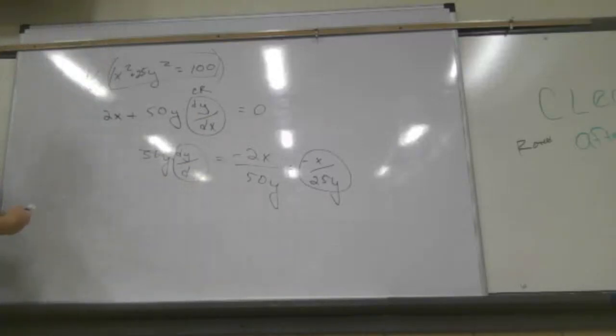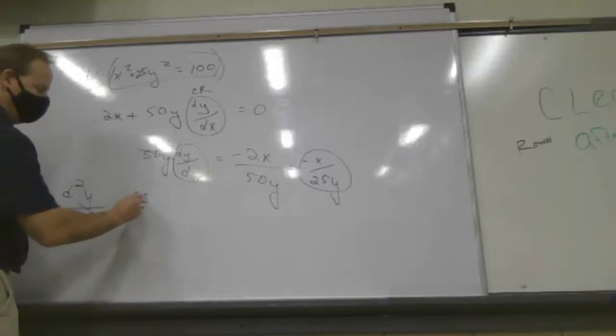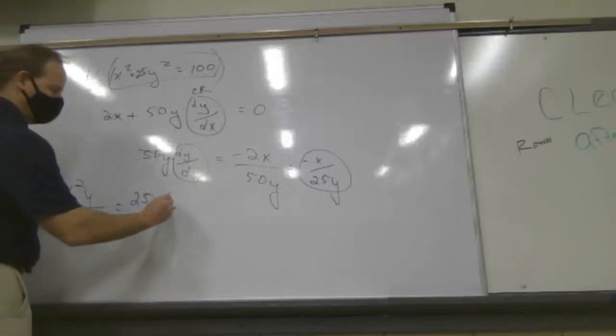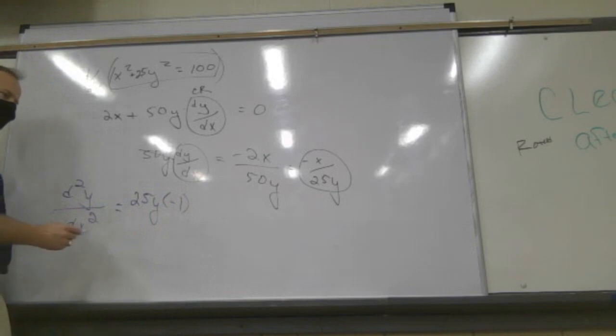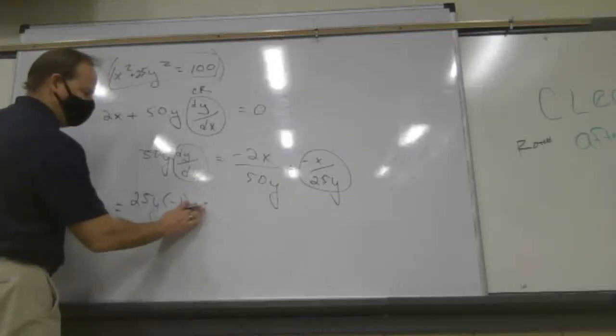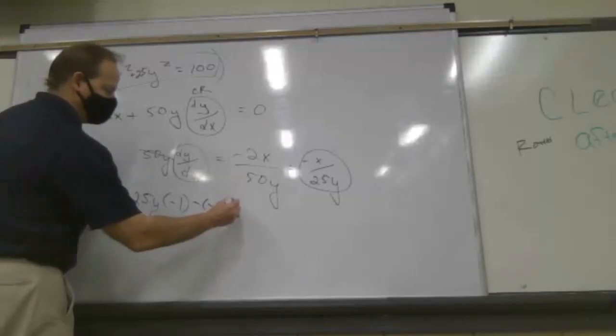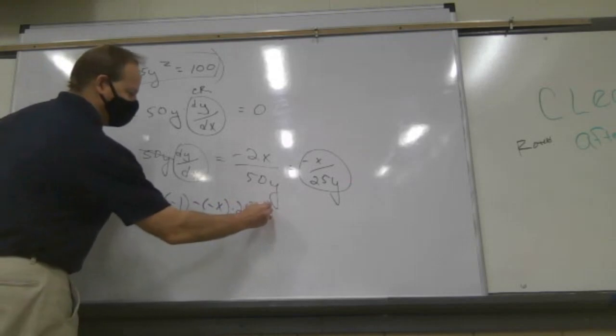So here, if I take the derivative with respect to x of both sides, I'll have the derivative on the left side is just the second derivative, right? And the right side is quotient rule, so it's bottom times the derivative of the top, the derivative of minus x is -1, plus the top, which is minus x, times the derivative of the bottom, which is 25, but then times dy/dx, right?